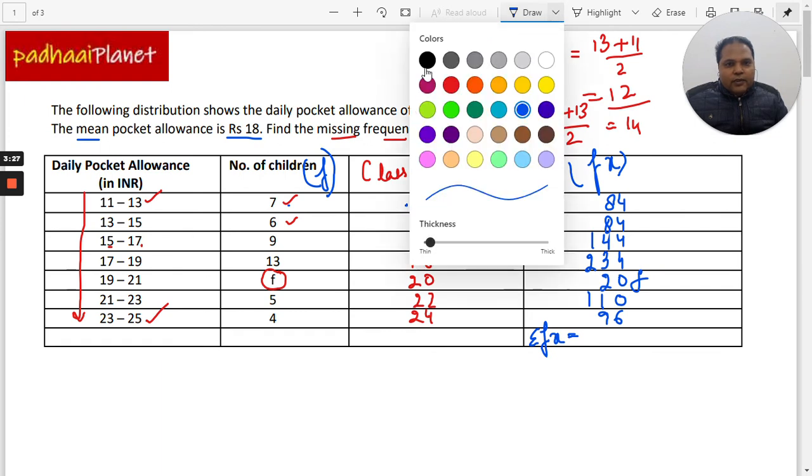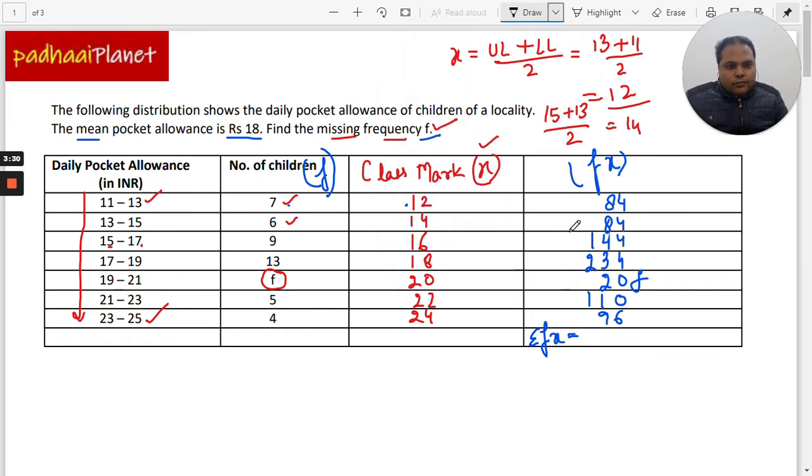Adding up all of them, we get 752 plus 20f. Let me make it a little neater so that it is readable for you.